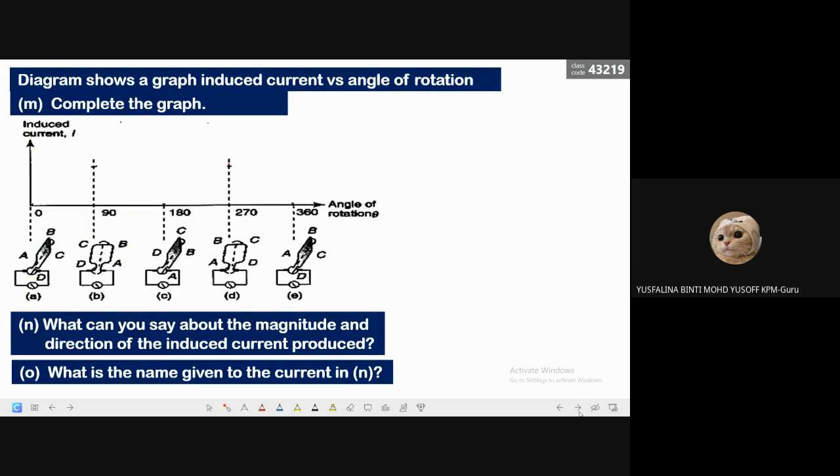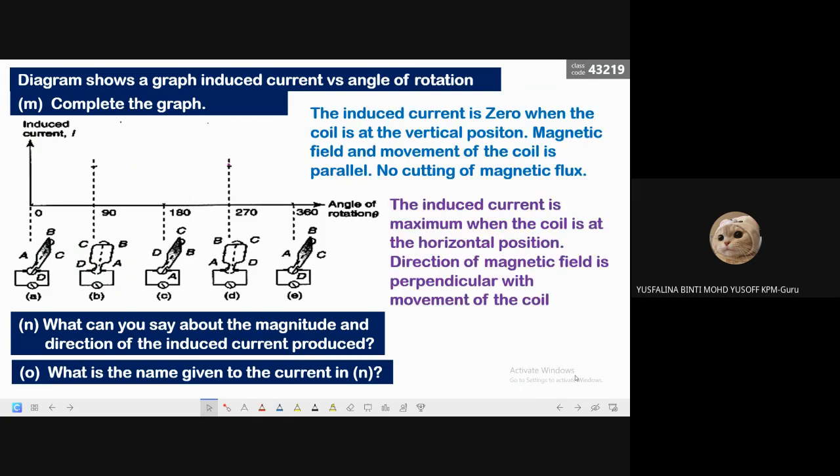So this is the diagram. I just show you the line. Starting from this point, when the coil is vertical, you already know there is no induced current, so that is why it is zero here.